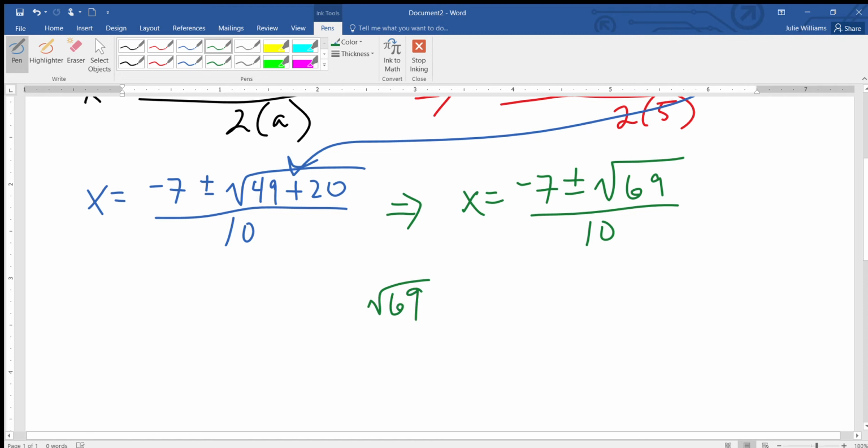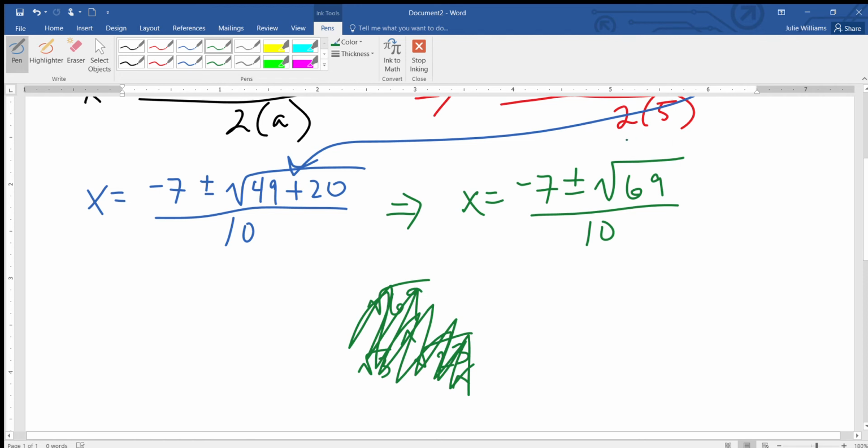This would be divisible by 3 because the sum of 6 and 9 is divisible by 3. So that would be the same thing as the square root of 3 times 23. Can we break down the square root of 23 into anything? No, it's prime. So the square root of 69 cannot be simplified.